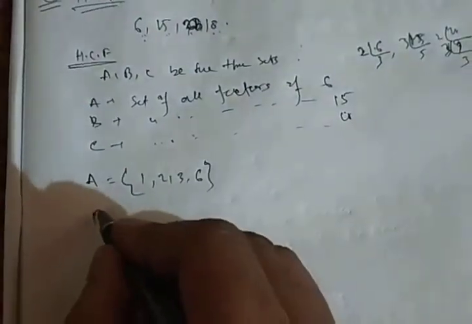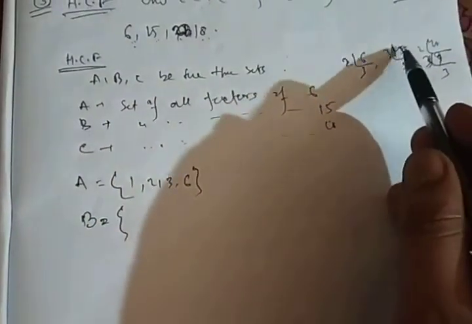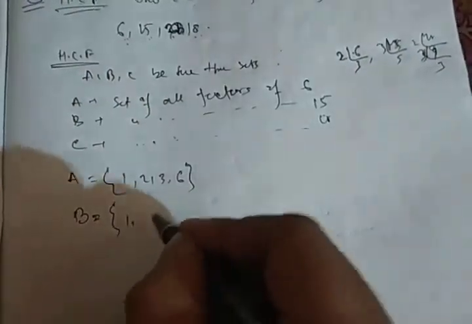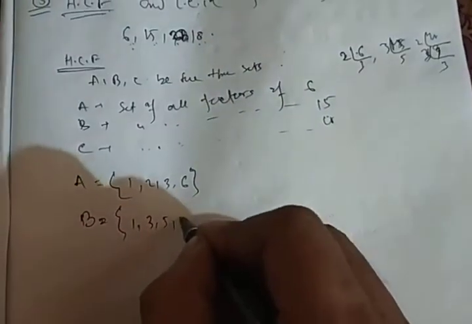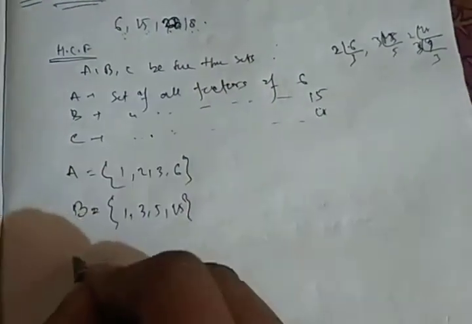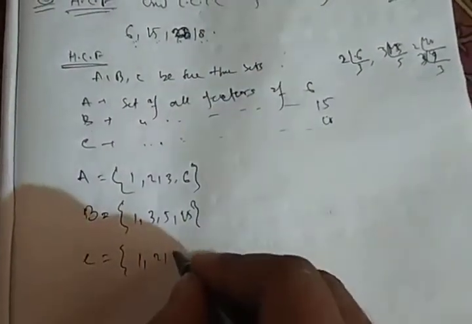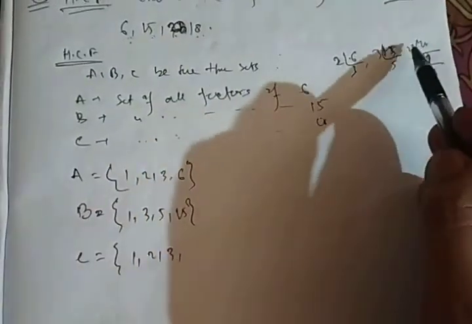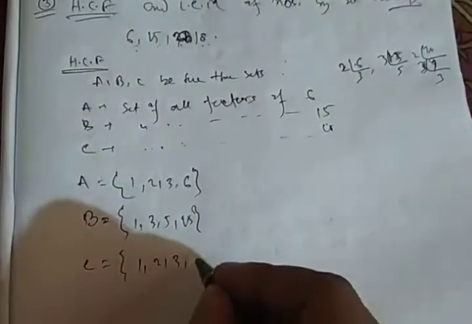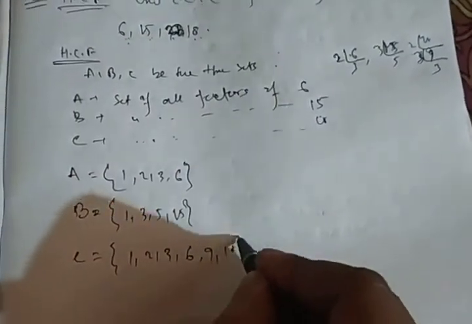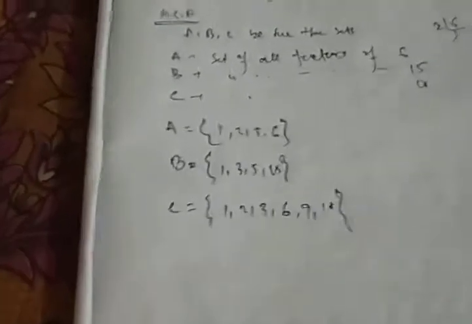B equals the factors of 15, which are 1, 3, 5 and 15, and C is the factors of 18, which will be 1, 2, 3, next 3 and 2 is 6, 3 3 is 9, and 18 itself.